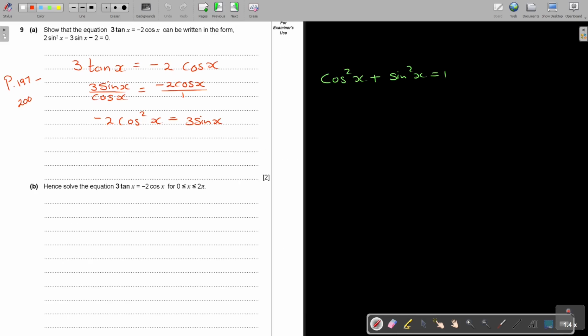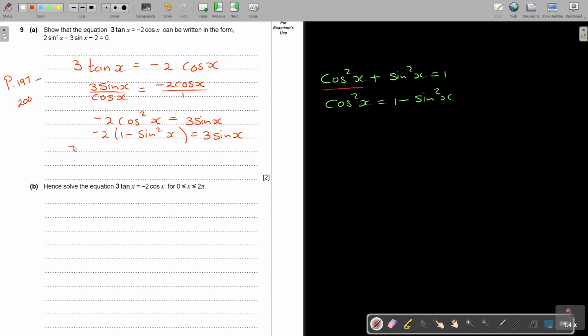So basically, I'm going to just make cos square x the subject of the formula. So cos square x is equal to 1 minus sin square x. So then it's going to be negative 2 times 1 minus sin square x, and that's equal to 3 sin x.